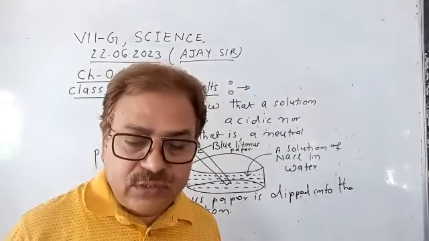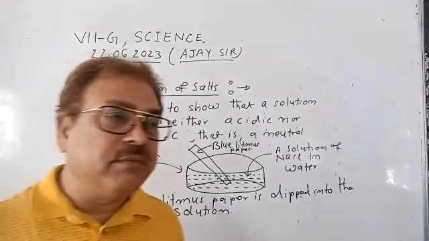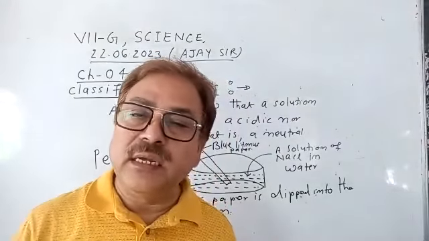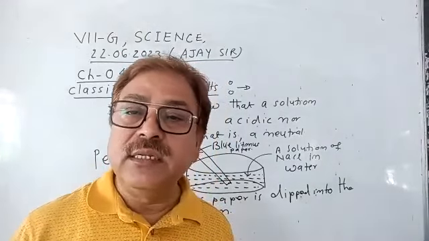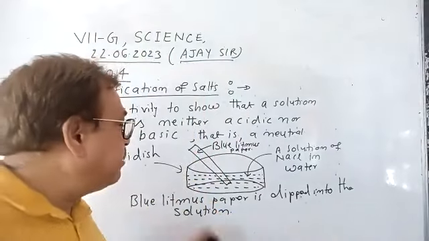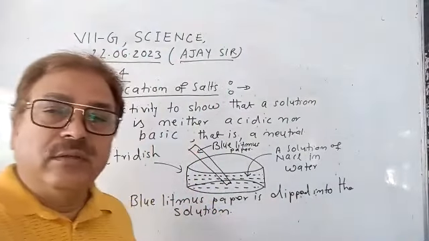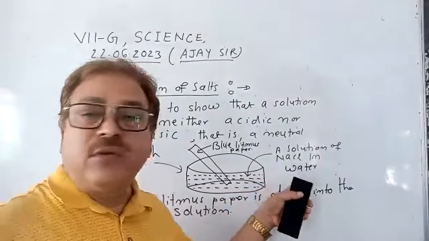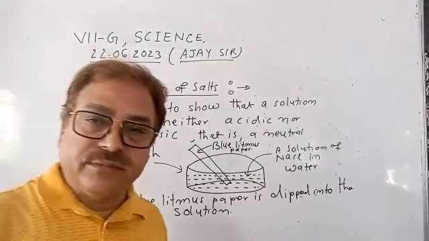Now you can also see how to decide whether the given solution is neither acidic nor basic in nature, that is, whether it is neutral. We take a petri dish, pour water into it, make a solution of sodium chloride in water and put it into the petri dish.